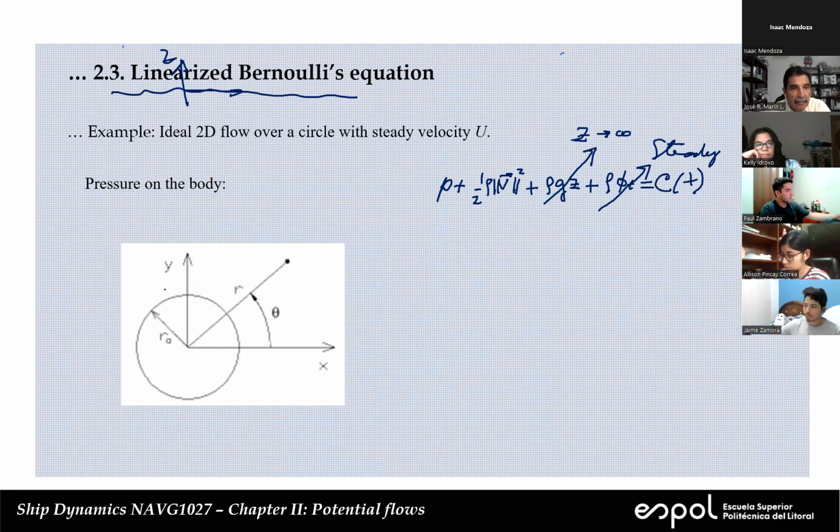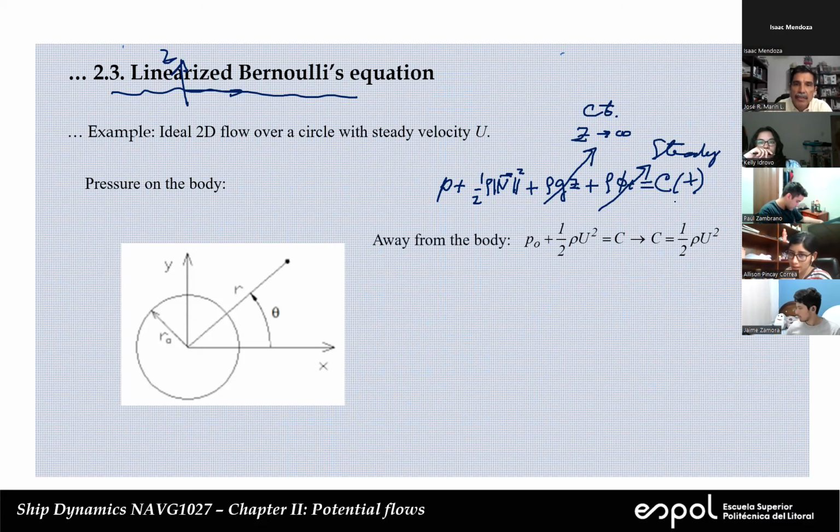So basically, rho g z is just a constant. That means that if we integrate this constant pressure on the body, we're not going to have any net value, so we just neglect it. So those are the two terms that we end up with, and of course, the constant.